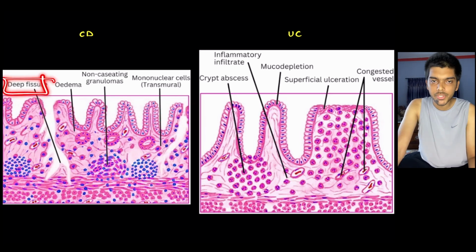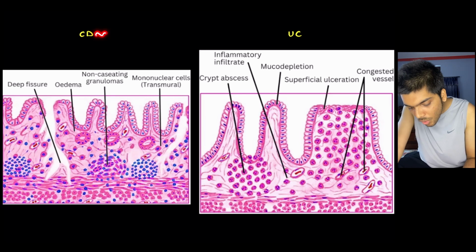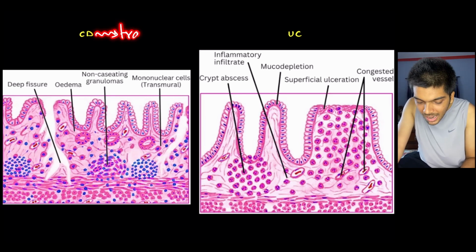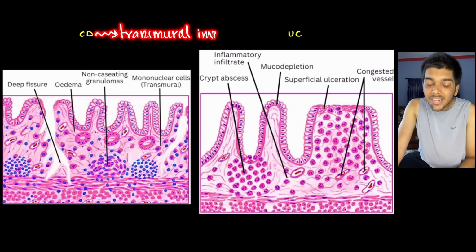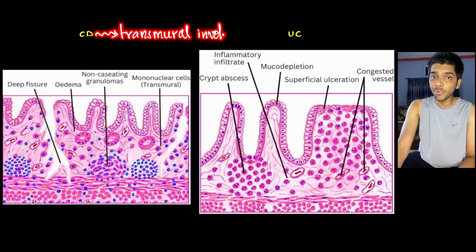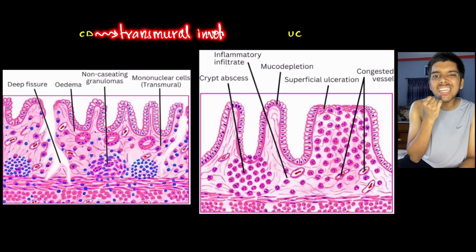We have deep fissures. Second thing I said in Crohn's disease is that there is transmural involvement, that is the complete thickness is involved. Mucosa, submucosa, muscularis. First, inflammation is throughout, then fibrosis is throughout.